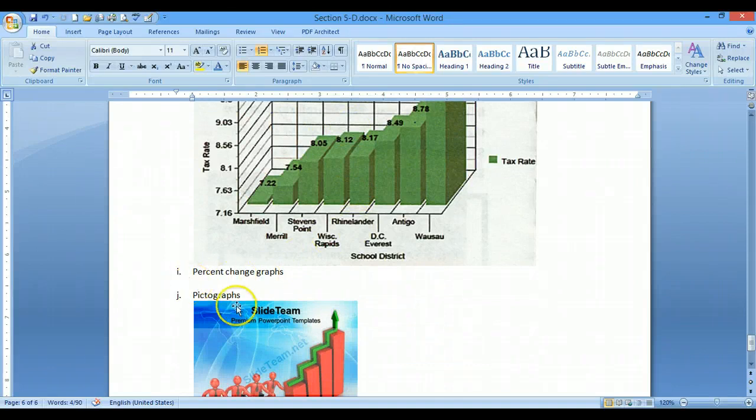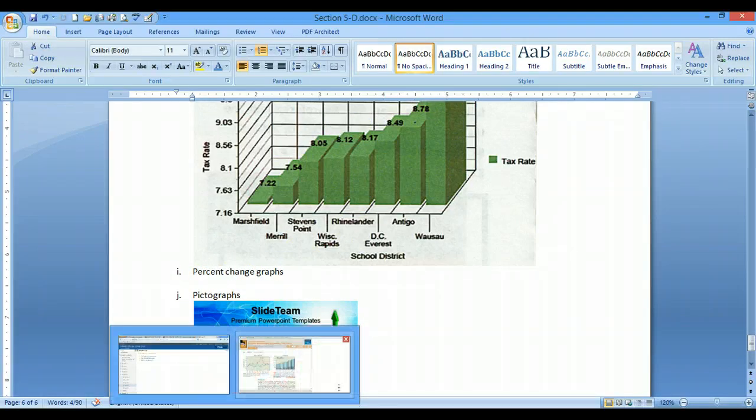The next is percent change graphs, and I'm going to go ahead and bring up your book because I couldn't find a really good percent change graph. So I'm going to use our example here. We can see this line graph or line chart showing all the information on the changes in college costs of public versus private. But these are percentages, right?